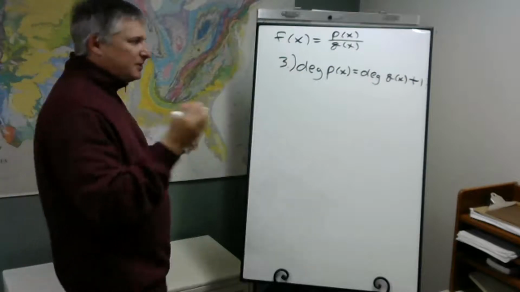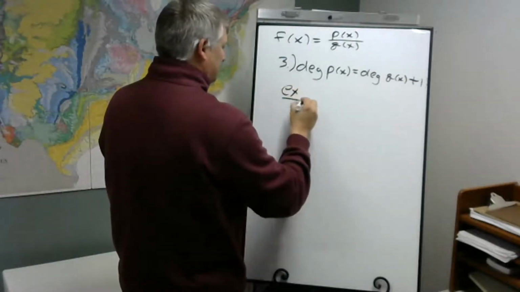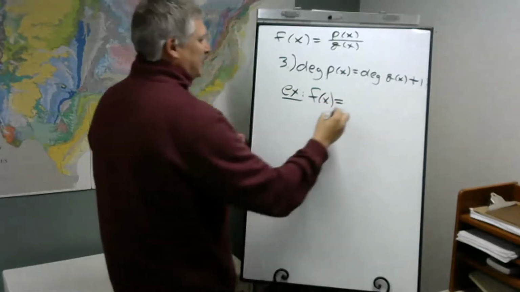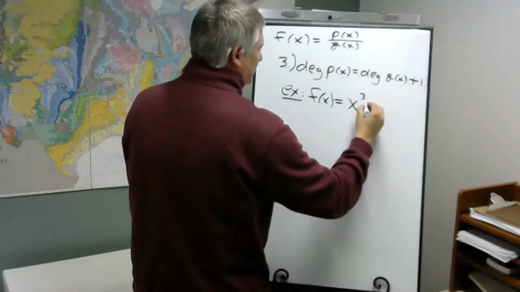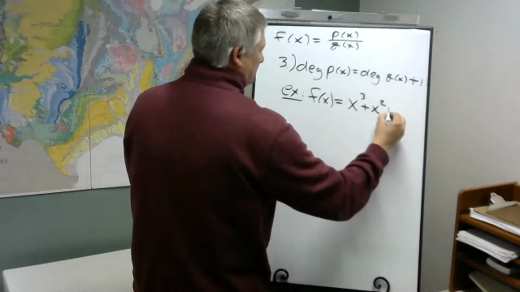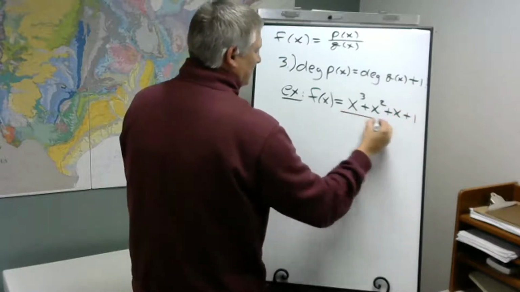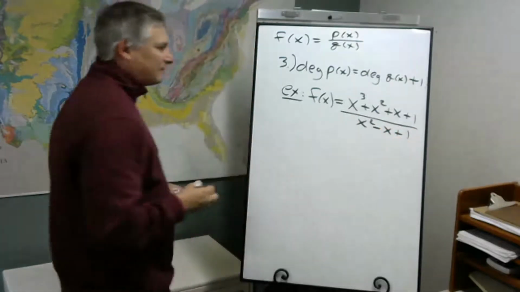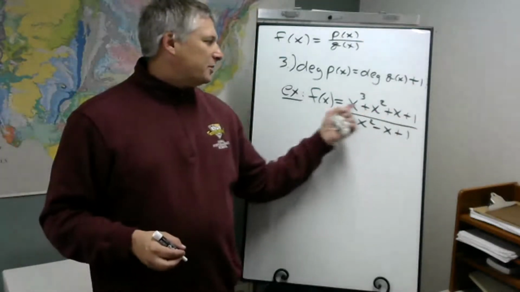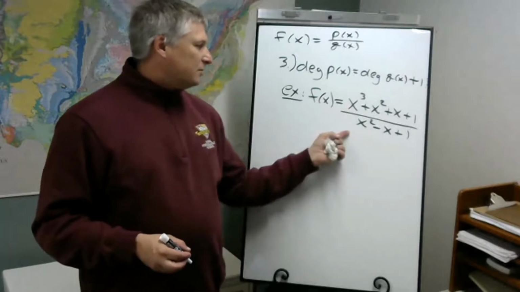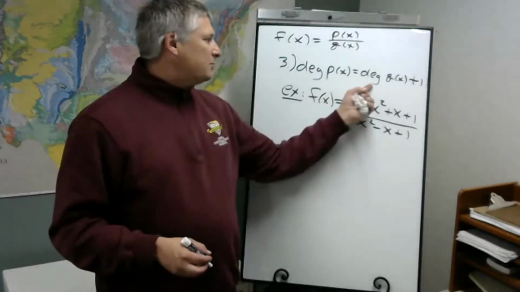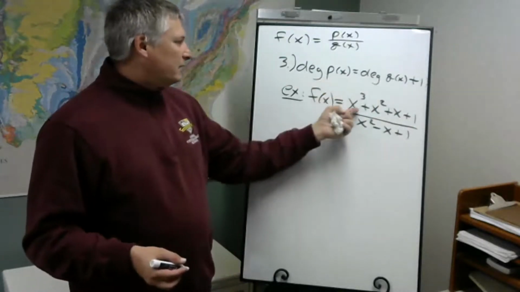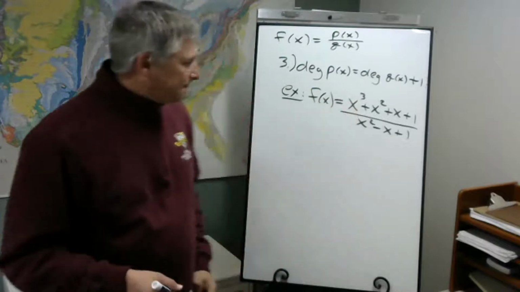So what this would look like would be f of x equals, let's say, x cubed plus x squared plus x plus 1 over x squared minus x plus 1. Where this polynomial is a degree 3, and this is a degree 2. So q of x would be degree 2 plus 1. So 2 plus 1 would equal the degree of p of x, which in this case is degree 3.